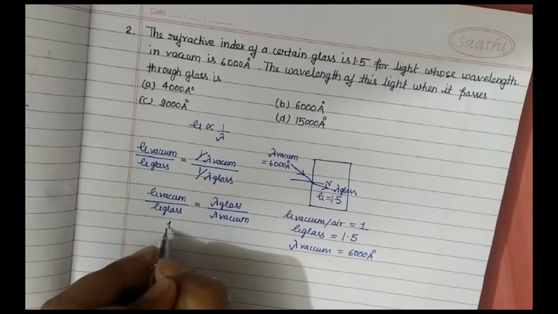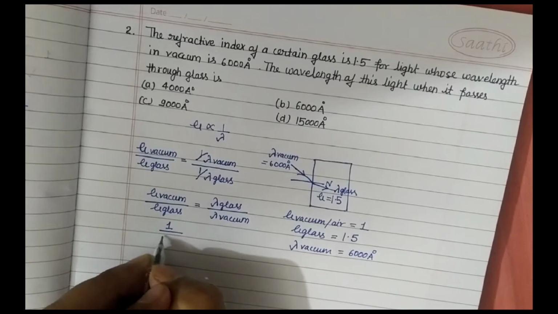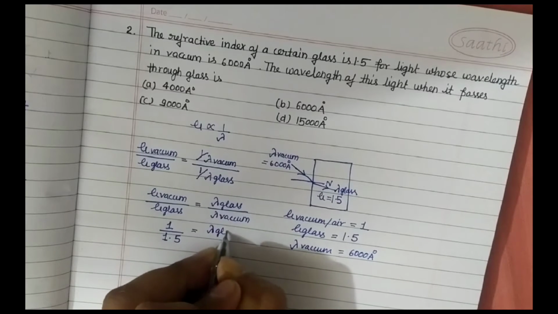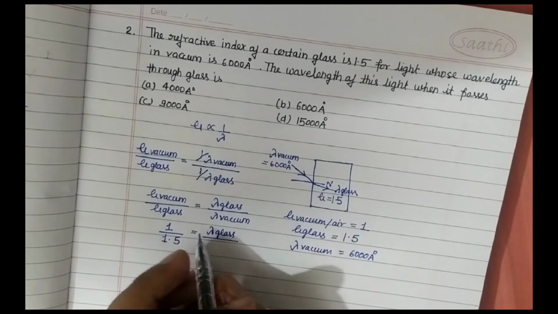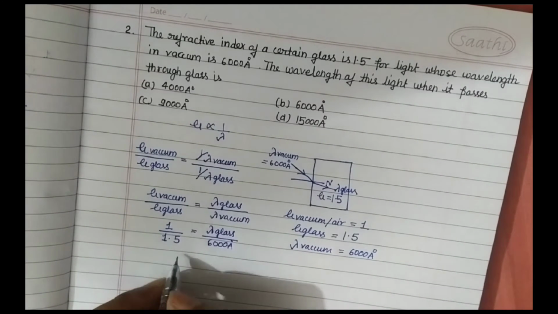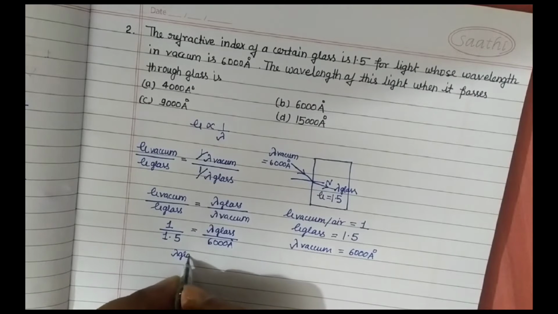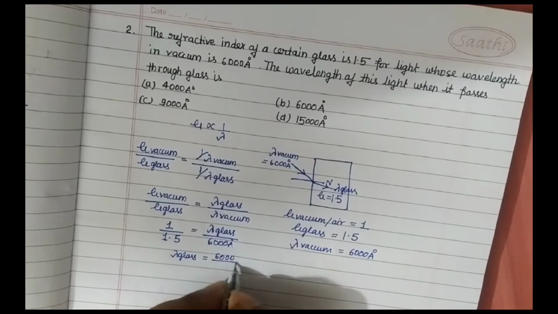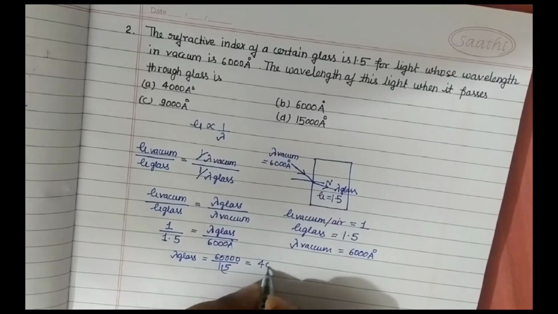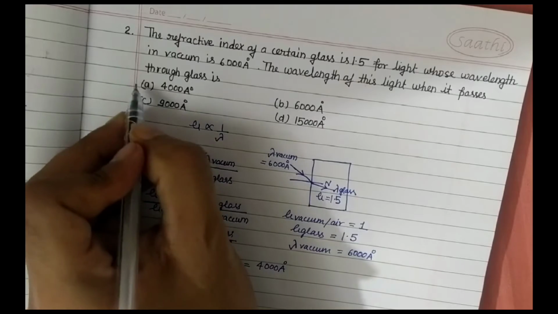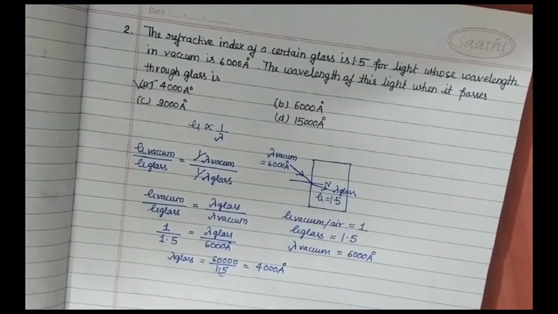So wavelength in glass medium will come out 6000 divided by 1.5, it will come out 4000 angstrom. This answer A is the correct answer.